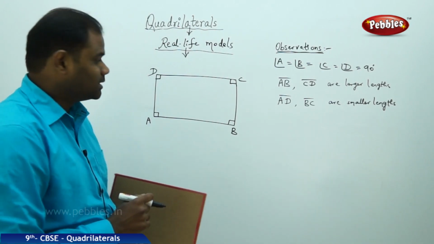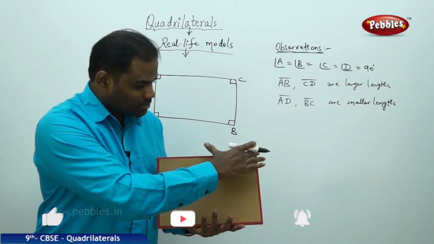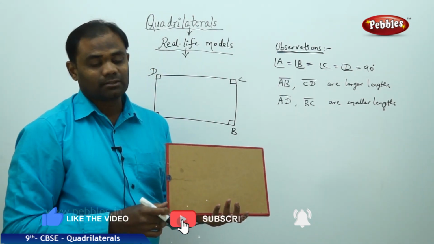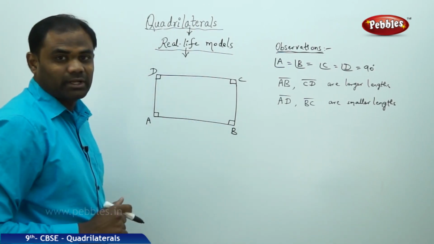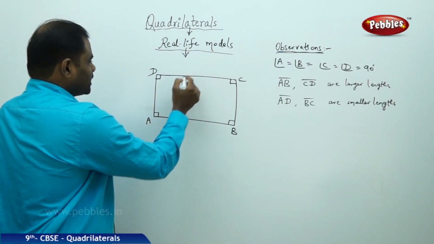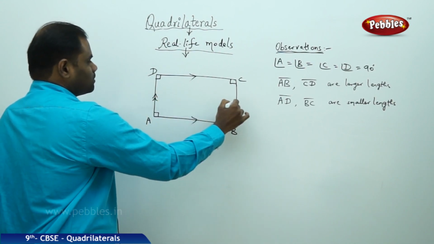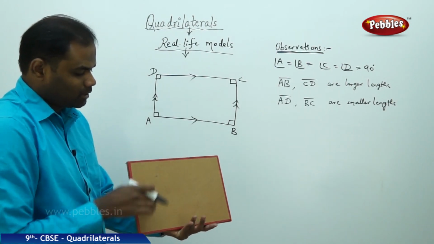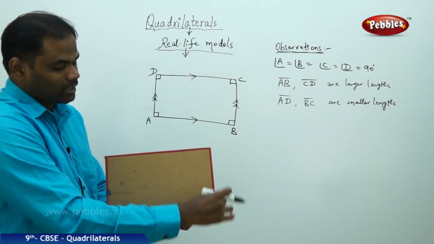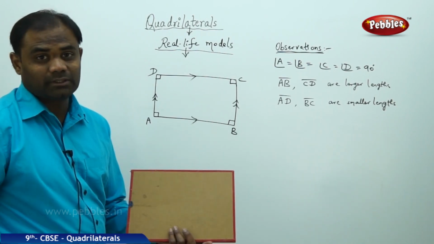Also, when I look at the frame clearly, this length seems to be exactly equal to this length, because these two are 90 degrees, therefore they are parallel. So the next thing I observe is that because these two are 90, these two are parallel and these two are parallel. The top line and the bottom line are parallel to each other, and the rightmost line and the leftmost line are both parallel to each other.